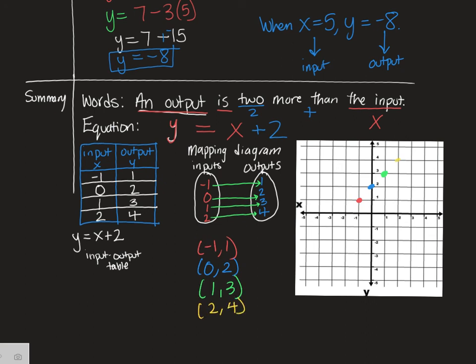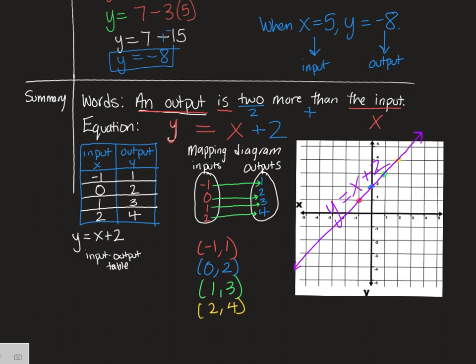Beautiful. Now I can connect that, and I can actually make my line. That's the line of y equals x plus 2.